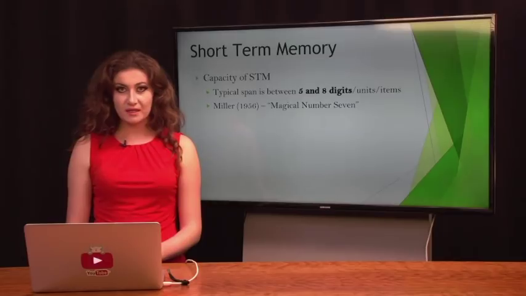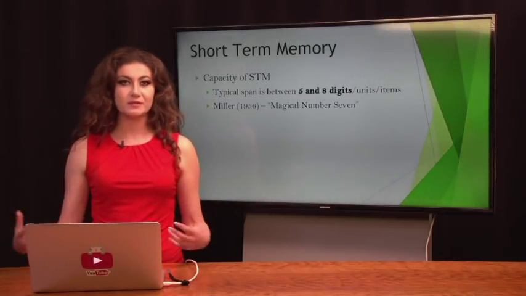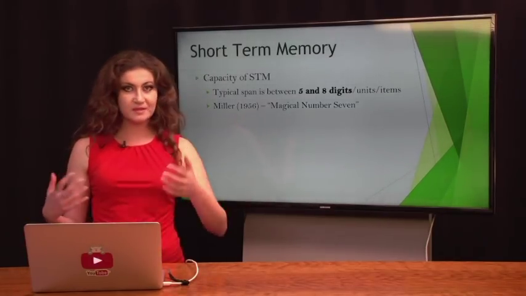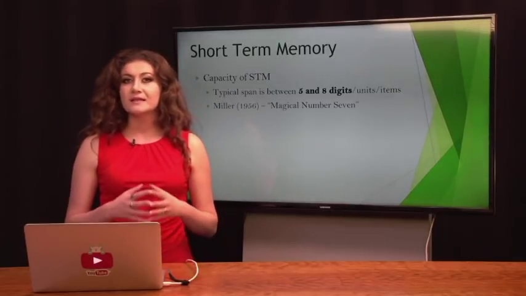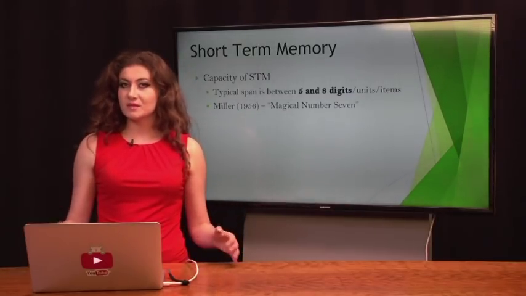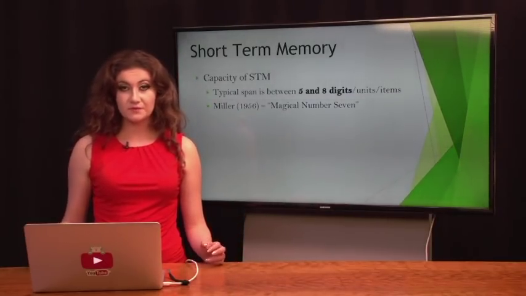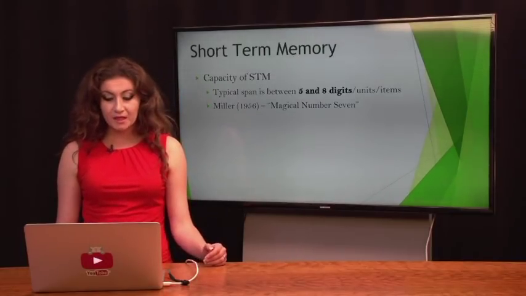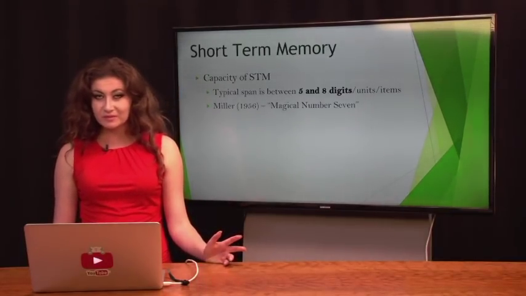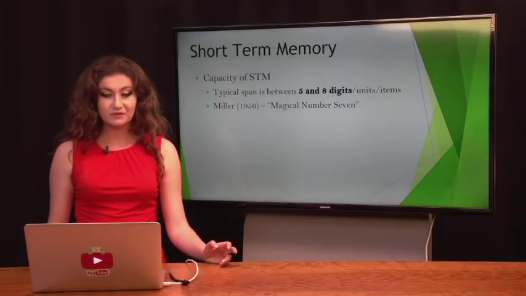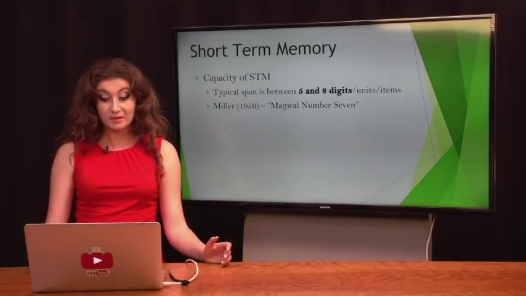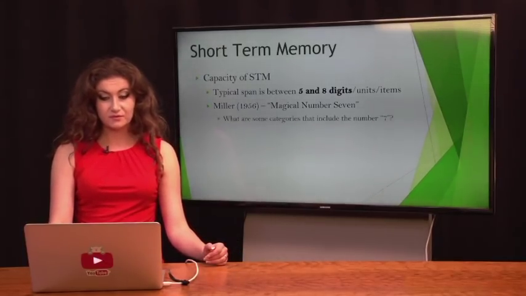His whole theory is 7 plus or minus 2, that humans in general can store 7 plus or minus 2 items in their short-term memory within those 15 to 30 seconds. So 7 minus 2 is 5, 7 plus 2 is 9. So anywhere between 5 to 9 items is what Miller argues is the capacity of short-term memory.